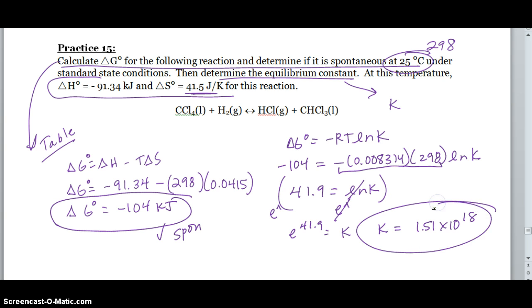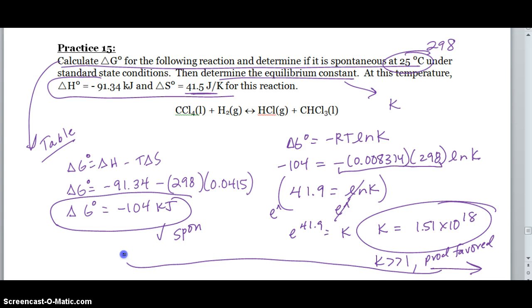Now I want you to think about that K. K is much, much greater than 1. And back when we did equilibrium, what did we say when that was true? We said that products were favored, right? So that means the forward reaction is favored. Well, now we're connecting it to the thermodynamics. So we said that this delta G being negative means that it's spontaneous, right?